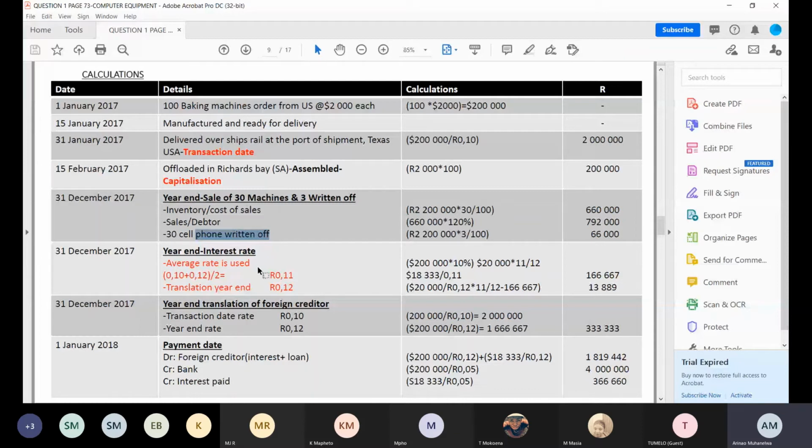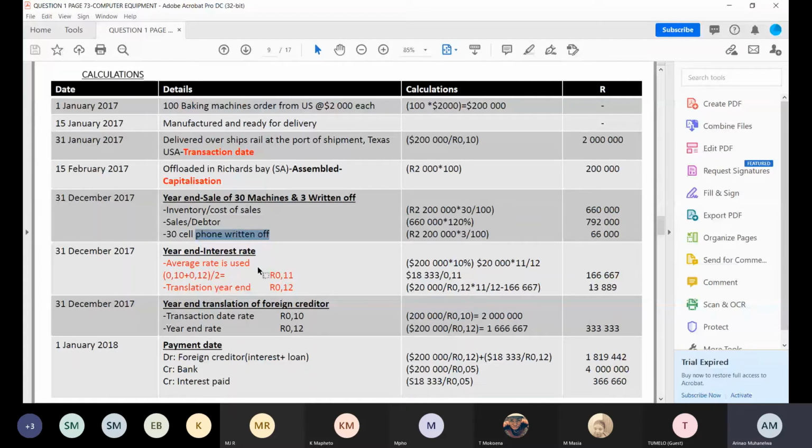We use the average rate. Then, still with the interest, because we haven't looked at the more. So we need to determine that. That's why the standard is here. We need to determine that, and it is recognized by processing the journal for that.